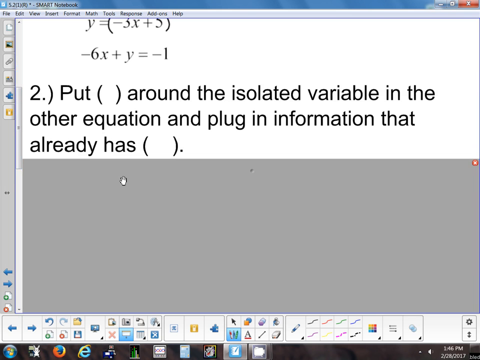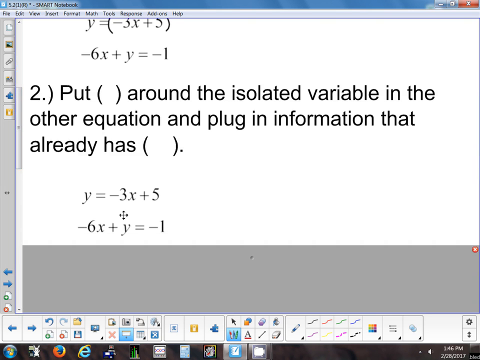So what I'm doing here is my variable that's isolated is y. I want to put parentheses around y in the other equation. So I'm looking at whatever variable is isolated, and I want to put parentheses around that variable in the other equation.